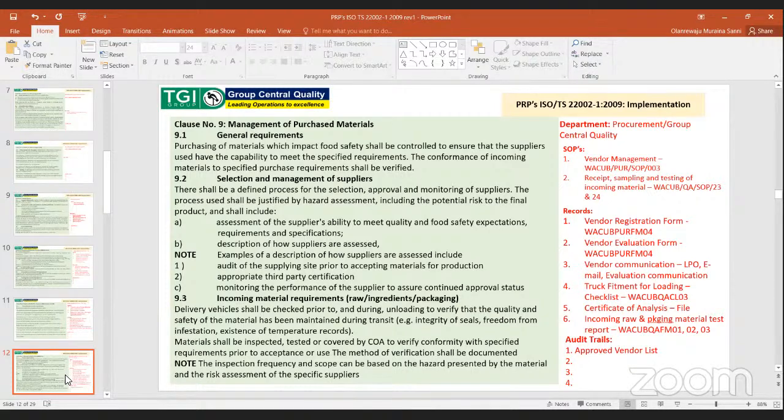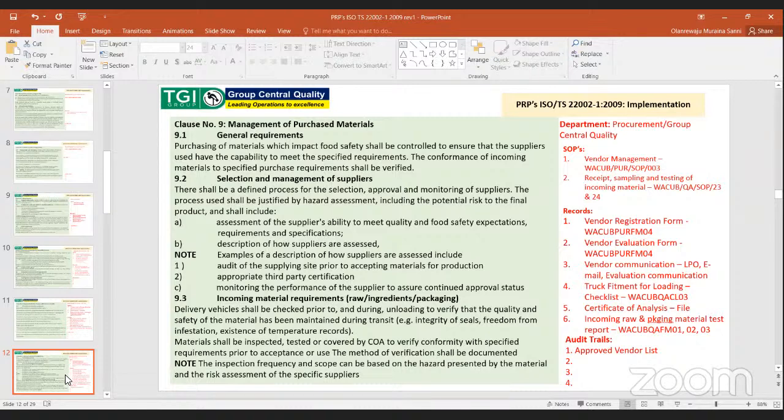We need to register them. When we are doing that, it means WAKIB should have a system in place to accept anybody. That is a requirement in place that must be met by anybody that wants to be a vendor to WAKIB company.